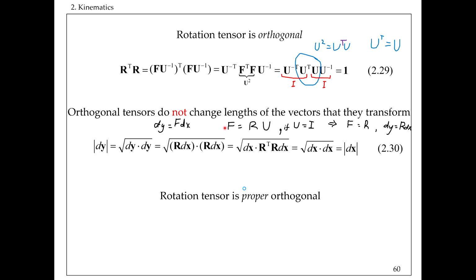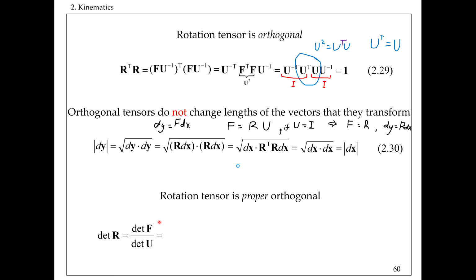So the determinant of F equals the determinant of R multiplied by the determinant of U. So the determinant of R will be the determinant of F divided by the determinant of U. Transposition doesn't change the determinant, so we get the same determinant even if we calculate the determinant of F transpose.